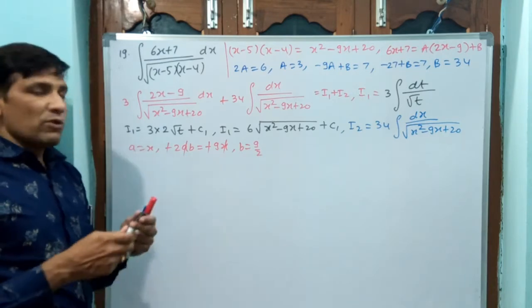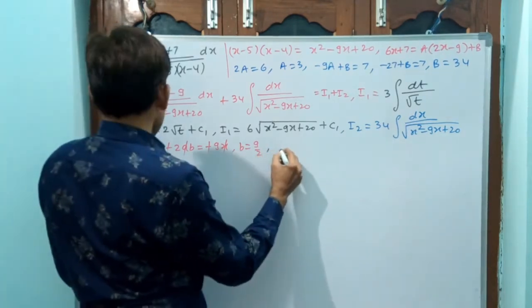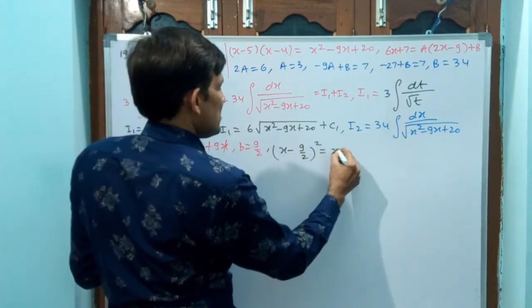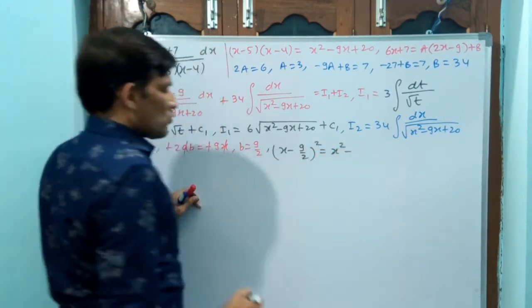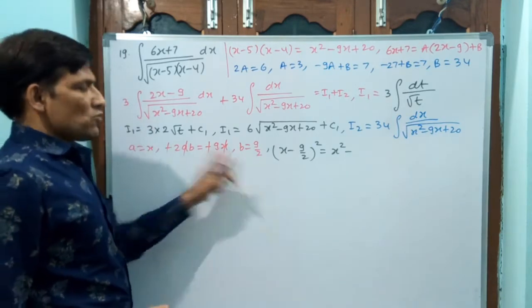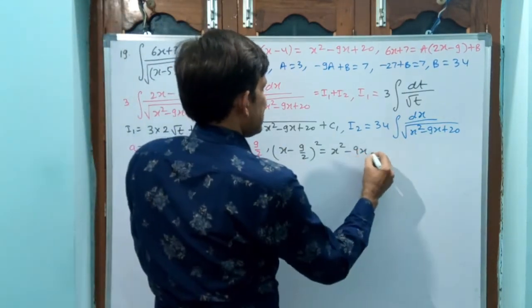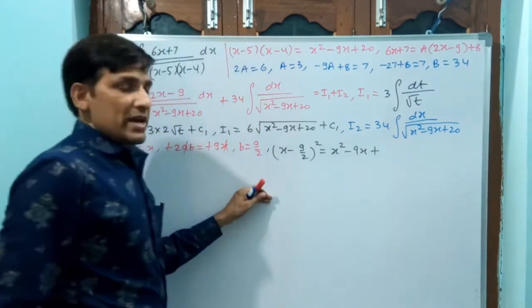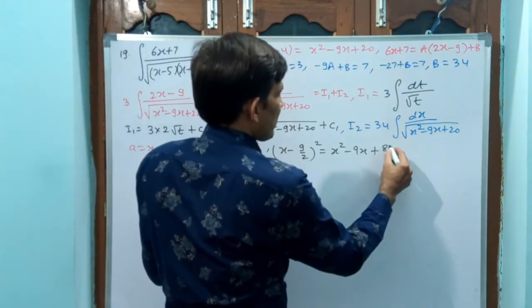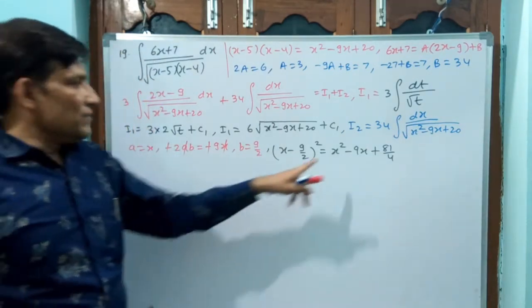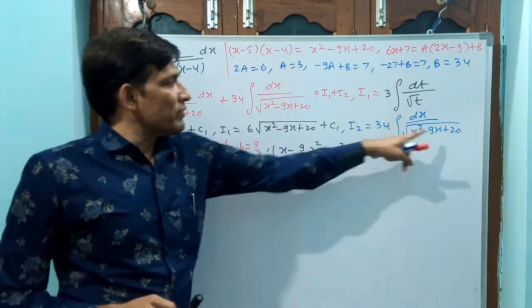That means a minus b whole square: x minus 9 by 2 whole square is equal to x square minus 2 into x into 9 by 2. The 2 gets cancelled, and 9x only will come. You write down directly 9x, plus b square, 81 by 4. Okay. This is this result, but you require this one.